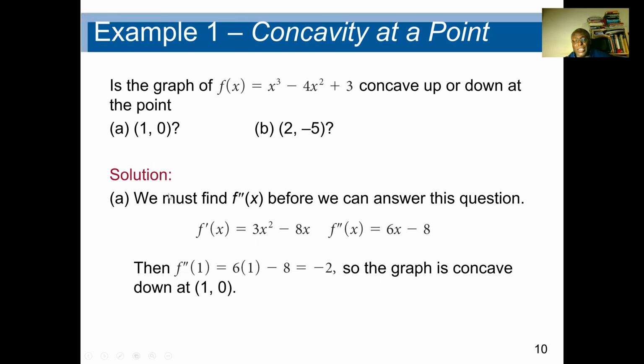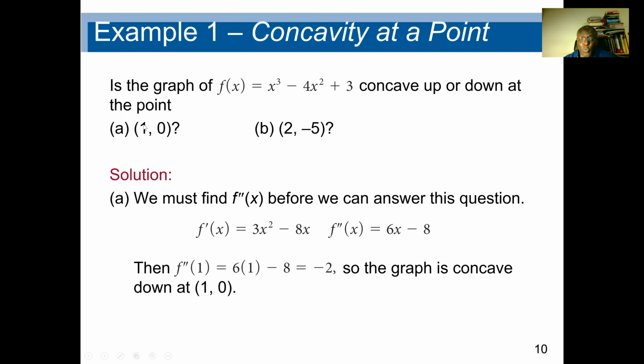So here we said again, the question given is f(x) = x cubed minus 4x squared plus 3. The question is, we want to find out if this function is concave up or down between two intervals here. We have A between 1 and 0, B from 2 to -5. So first we find the second derivative of the function, and we got 6x minus 8.